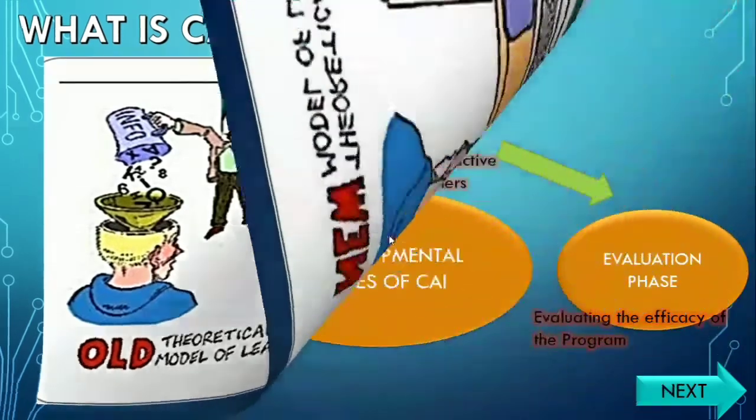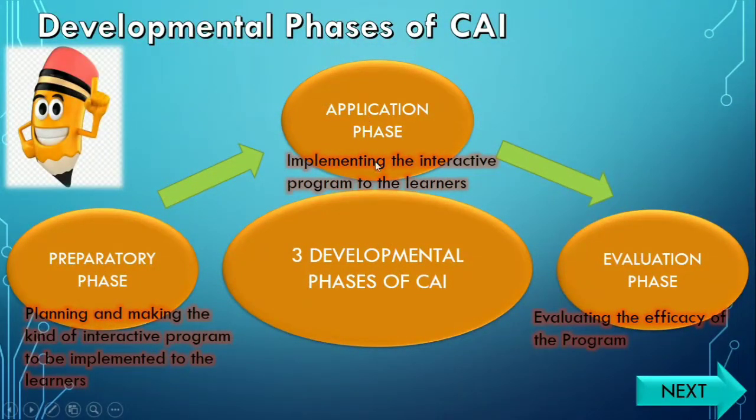What are the three developmental phases of CAI? First is the preparatory phase. In this part, planning and making the kind of interactive program to be implemented to the learners takes place. So this time you are thinking about the problem first, the gaps that you want to find a solution for.